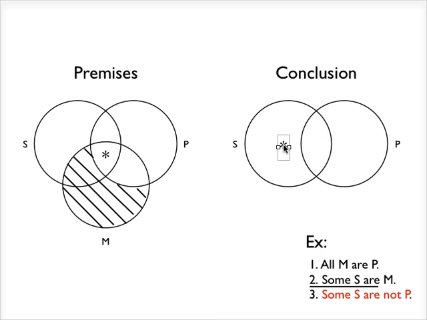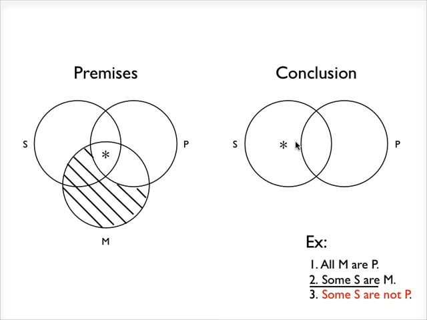Where it goes is right here. So there's something that is in the S category, but that's not in the P category, right? So here.